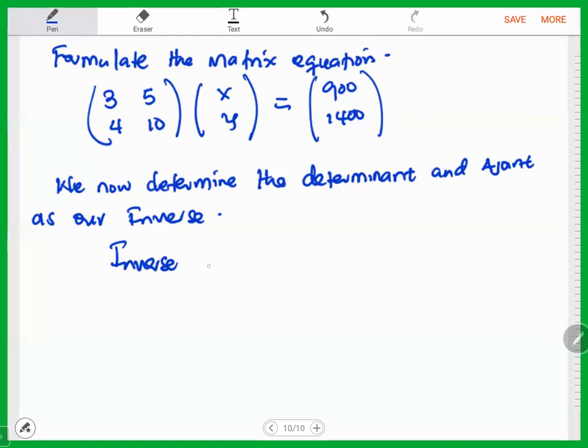And we are saying that our inverse is equal to 1 out of the determinant of matrix A, assuming this is my A, this is B, this is my C, times the adjoint.